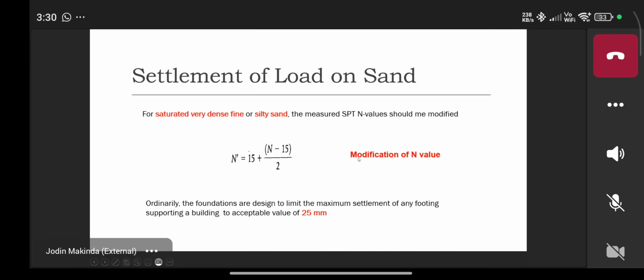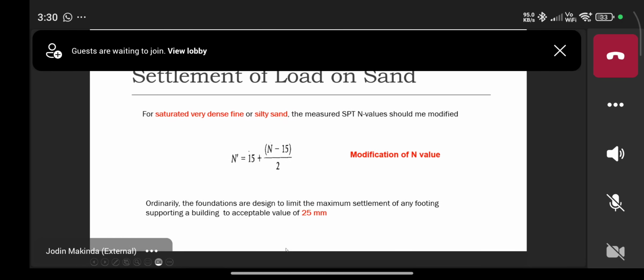Another thing, before I give you a last example: the SPT value also needs to be modified, especially if the soil is dense or silty sand. This is the formula to modify the N value.